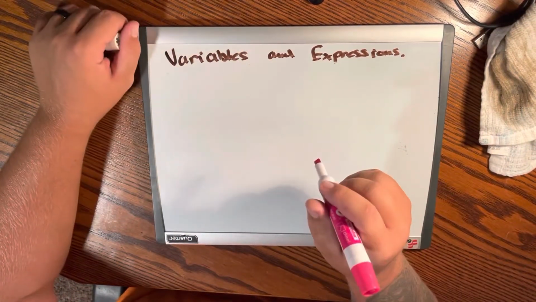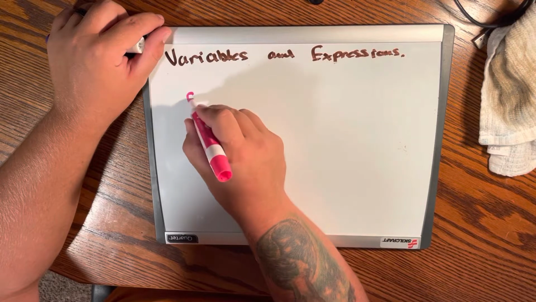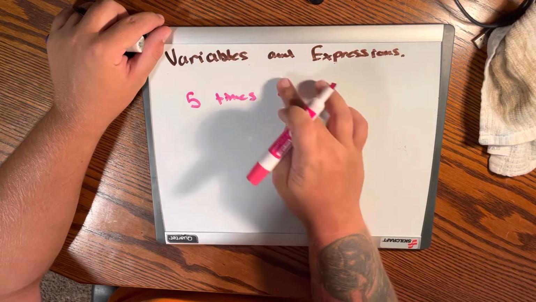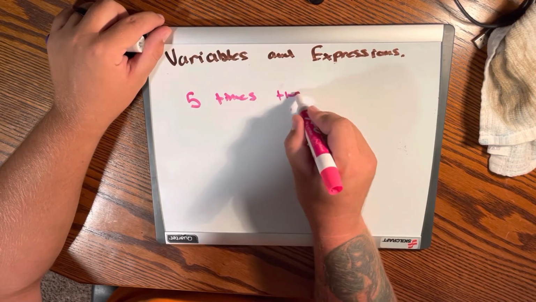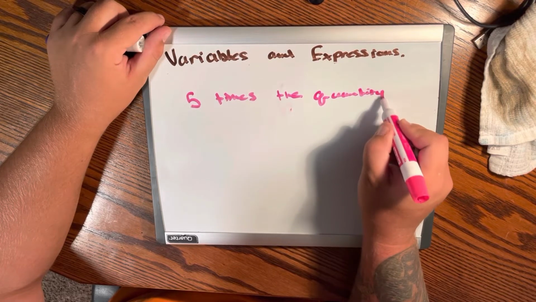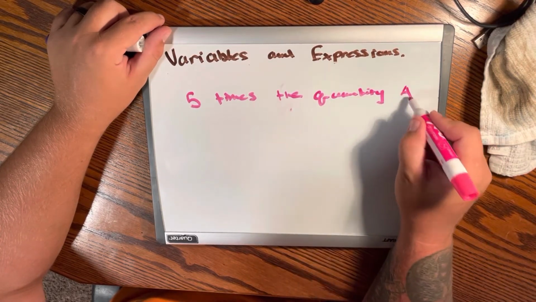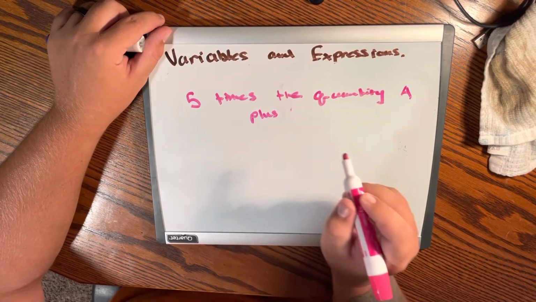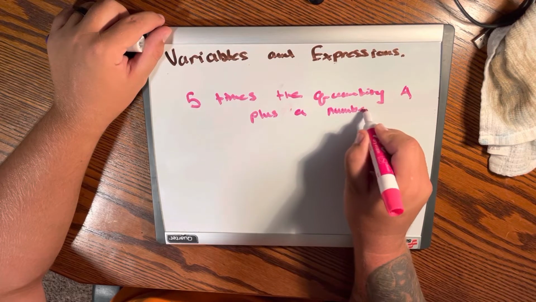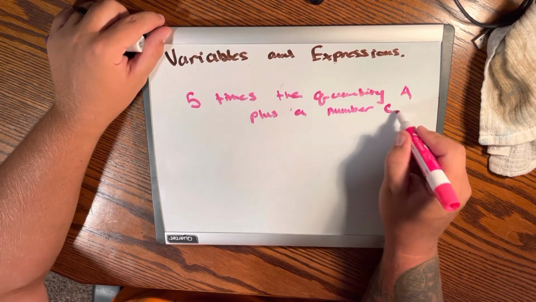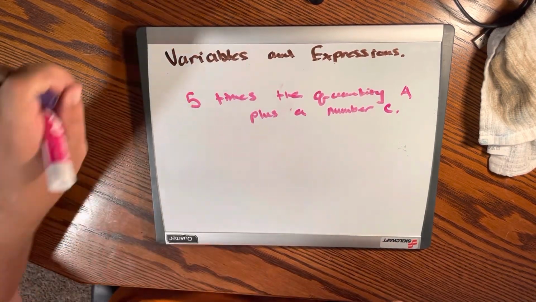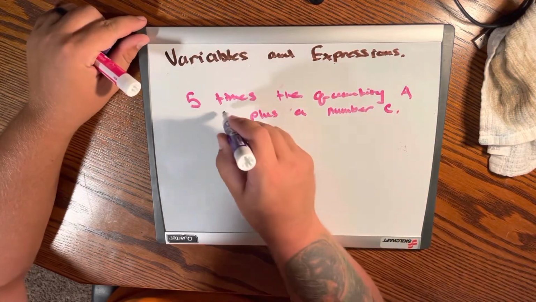5 times the quantity 4 plus a number c. Alright, so this is a little longer, so it's got a couple different operations in it.